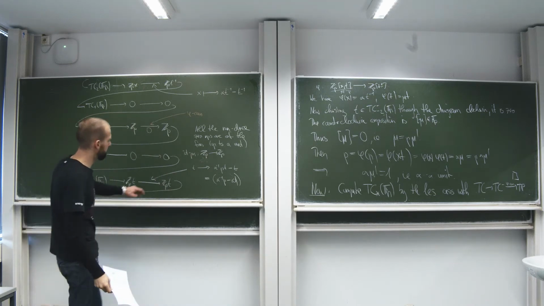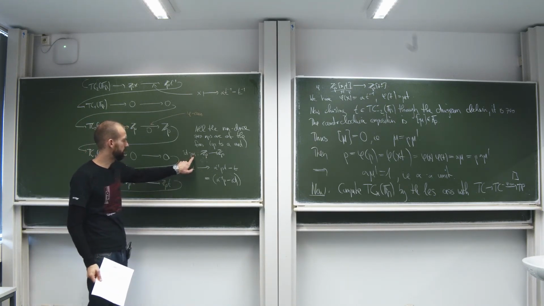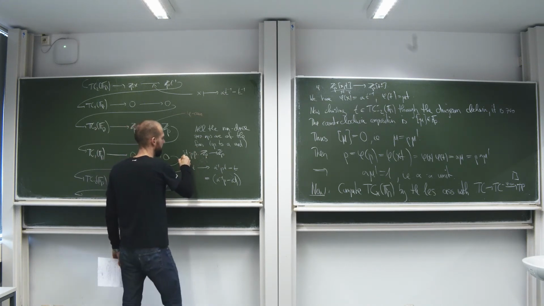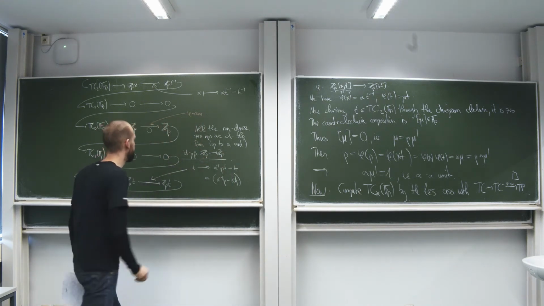I guess it's not always the same alpha. Sometimes it contains further copies of p. Maybe I should not call it alpha. Let's call it beta. Okay.